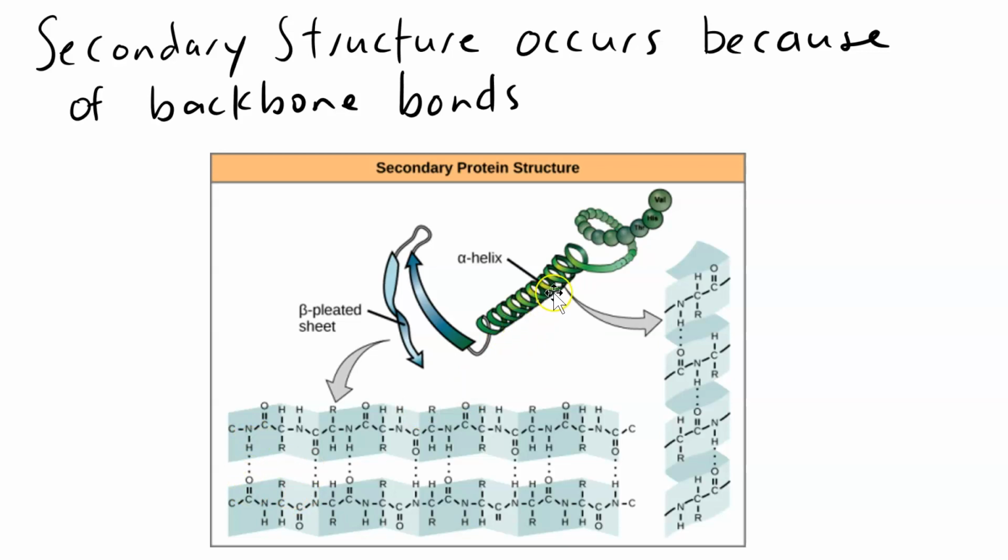The shapes that they can stabilize are called alpha helices or beta pleated sheets. You can see these dots are representing hydrogen bonds. This amino group is interacting with this carboxyl group, and likewise down the helix of this alpha helix. So you get these secondary structures, beta sheets and alpha helices, due to interactions between the backbone.